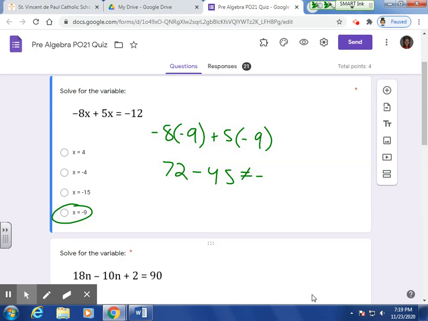That's not going to equal -12. So if you are getting wrong answers, you can check them fairly easily just to make sure whether you're correct or not. So it'd be great if we could see 100% from everyone here, just because you have that ability to check. And so use it.